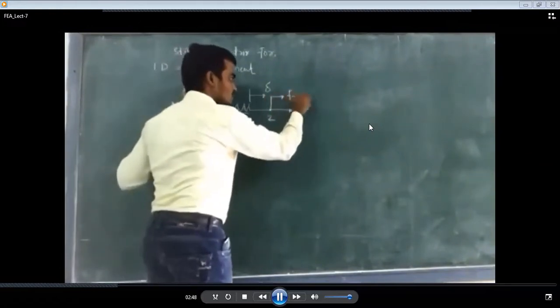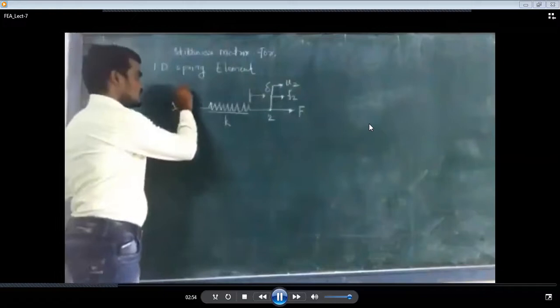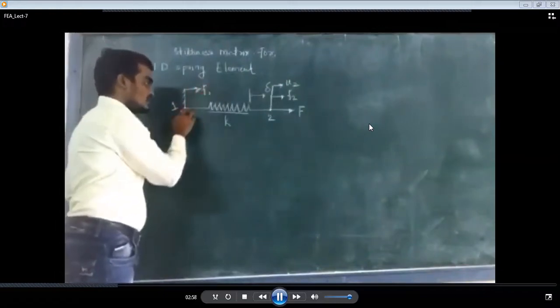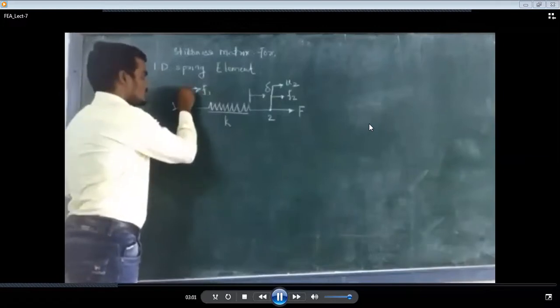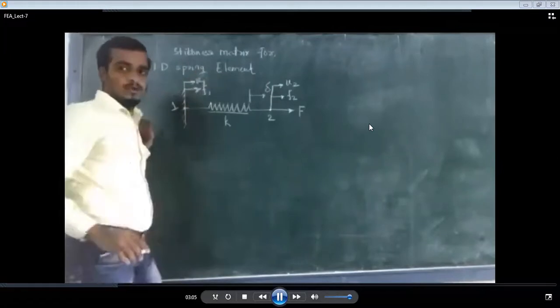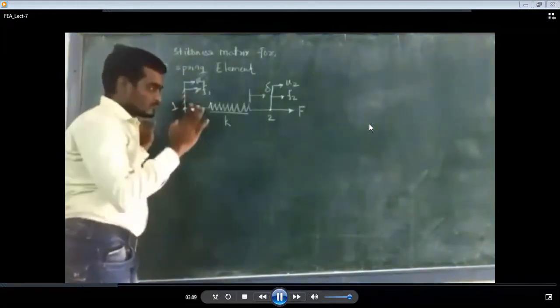Like the previous derivation, there are also nodal forces as well as nodal displacements at the nodes. At node 2, F2 is the nodal force and U2 is the nodal displacement. Similarly, the nodal force and nodal displacement act at node 1, F1 and U1.